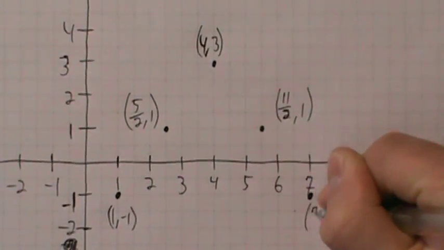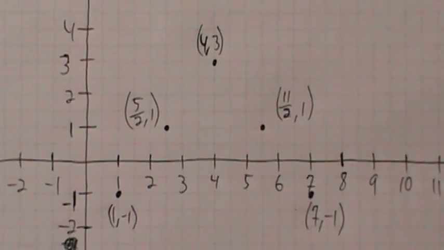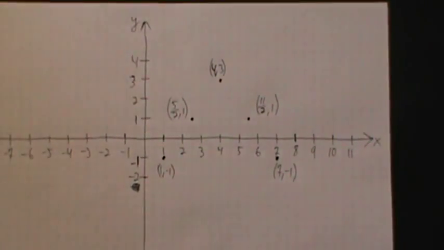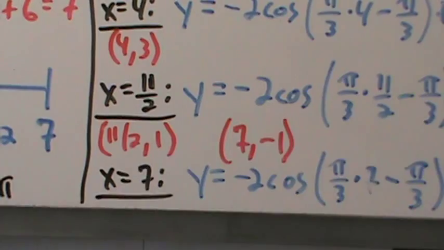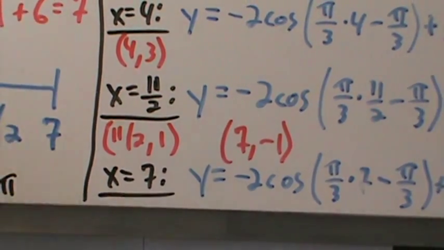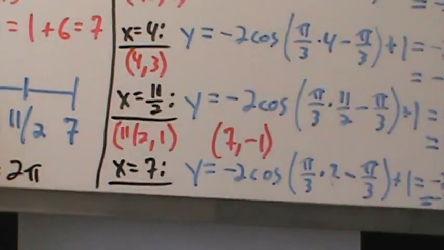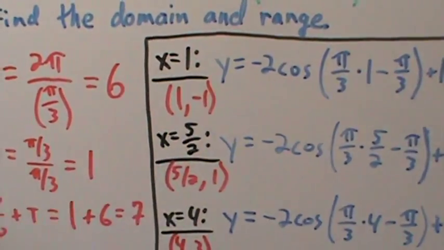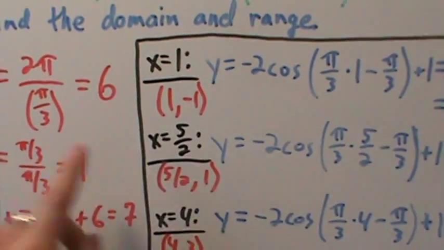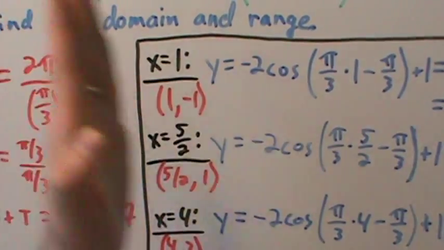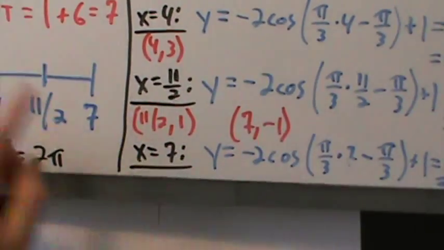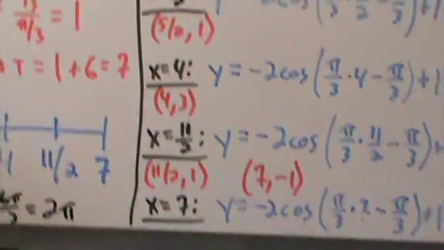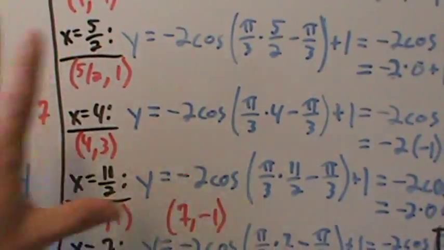Something else I want to point out, when we went through these steps here to get these y values, we didn't actually have to do this step with x equals 7, and the reason is that we already know what y is when x is 1, and we know the period is 6. So if we're at x equals 1, if we go 6 units to the right, we're going to be at x equals 7, okay? And because the period is 6, then we're going to have the same y value.